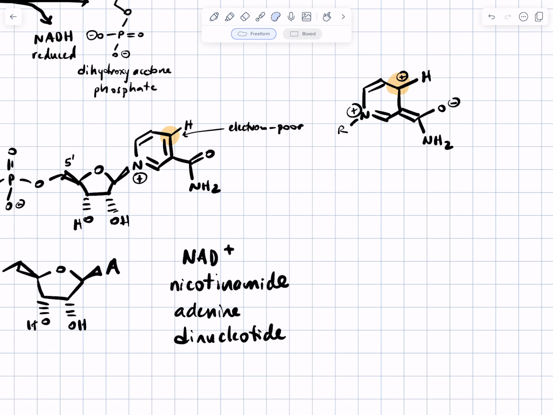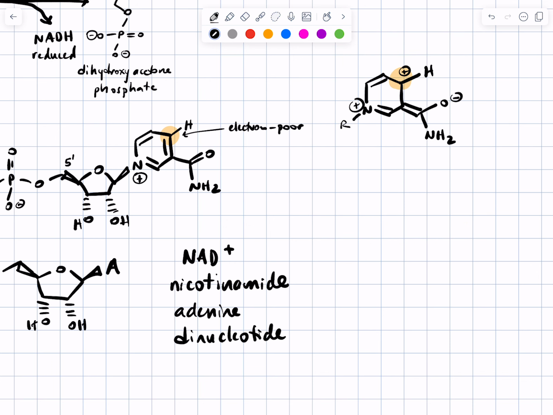So the other way you can see this is to move the pi bonds around in the nicotinamide ring. If we move this pi bond here onto the nitrogen as a lone pair, and this pi bond here to form a new pi bond there, then there's your amide group.